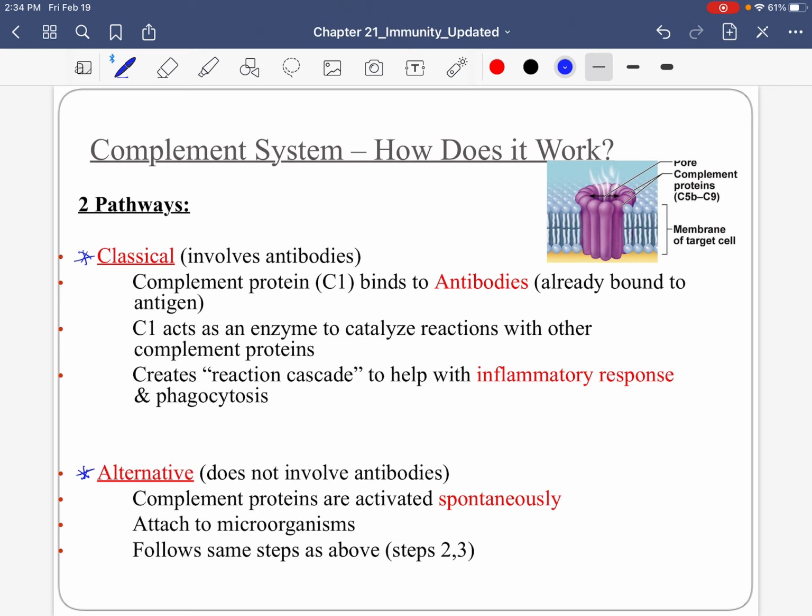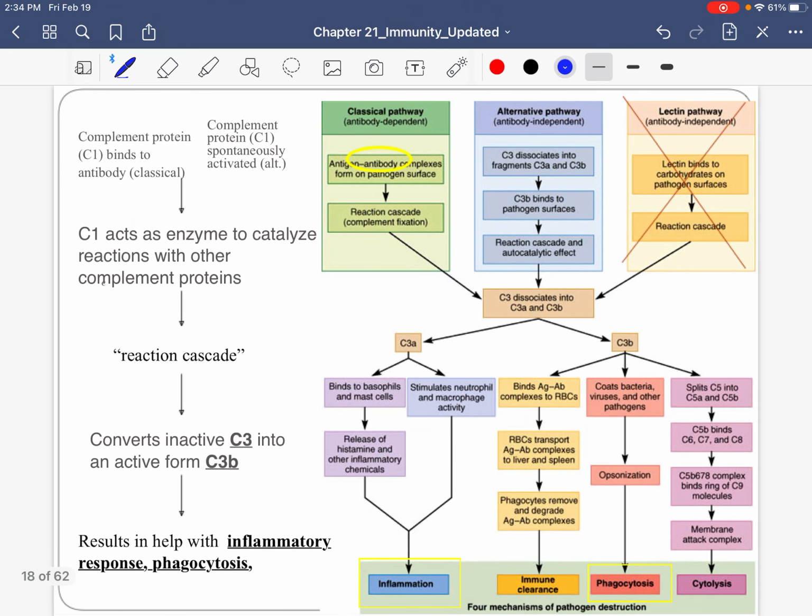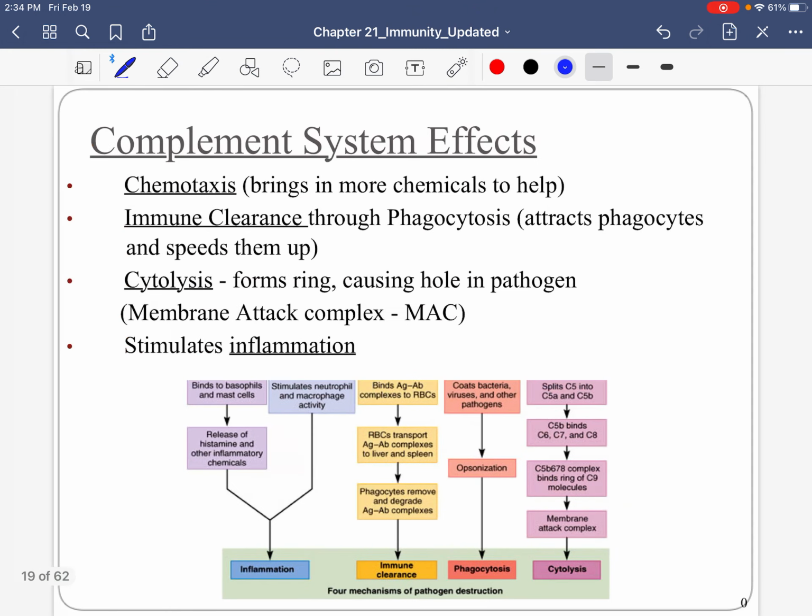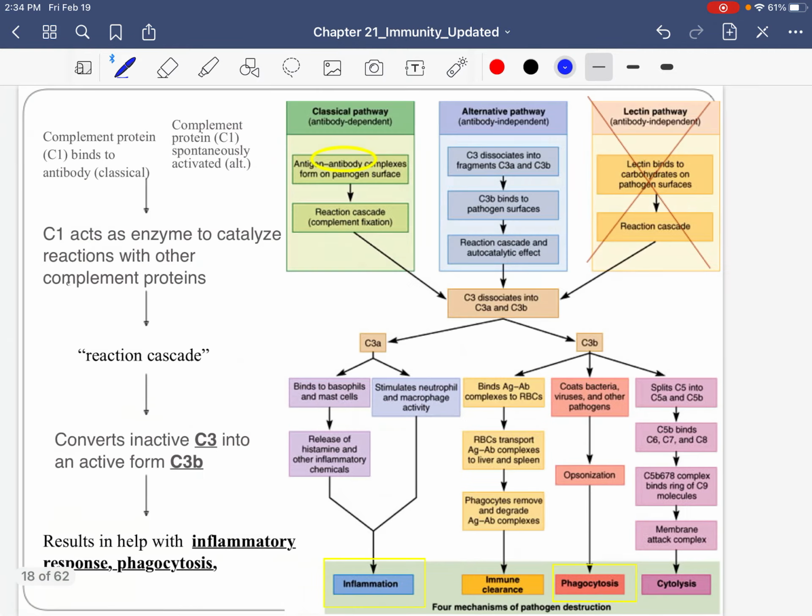The classical pathway of how these complement proteins work involves the use of antibodies. The alternative pathway for how these complement proteins work does not involve antibodies. The rest here is all extra. Let's keep it that simple. Okay, good.